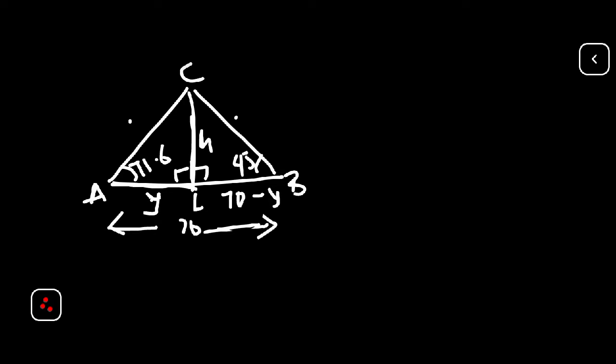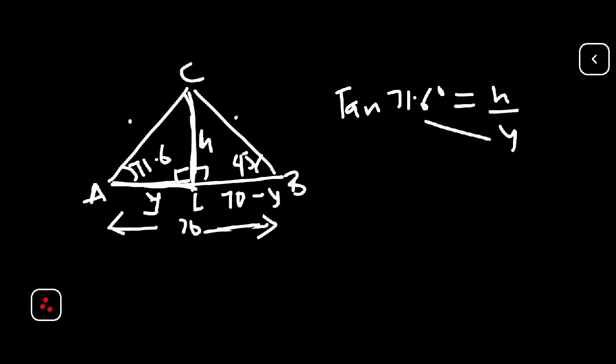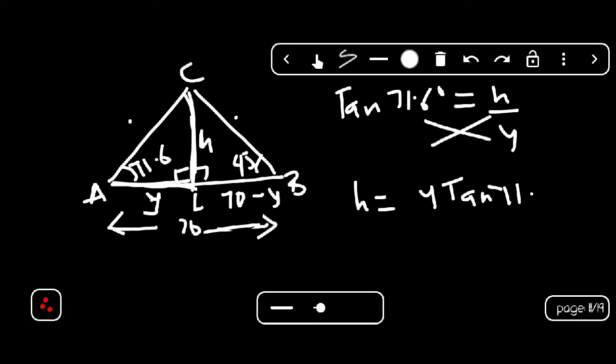So tan 71.6 degrees equals H over Y, that is opposite H over adjacent Y. Since we're trying to find the height, we cross multiply so that H is equal to Y tan 71.6. Let me do this well.